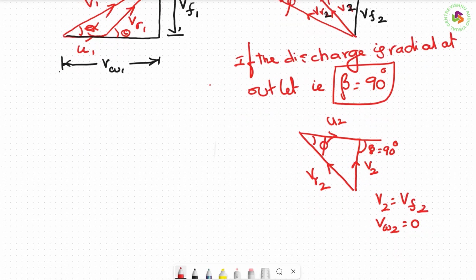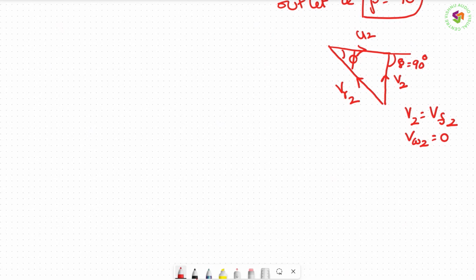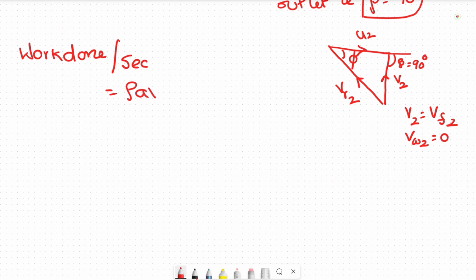And we have already studied the equation for the work done. The work done per second is equal to rho A V1 into VW1 U1 plus or minus VW2 U2.